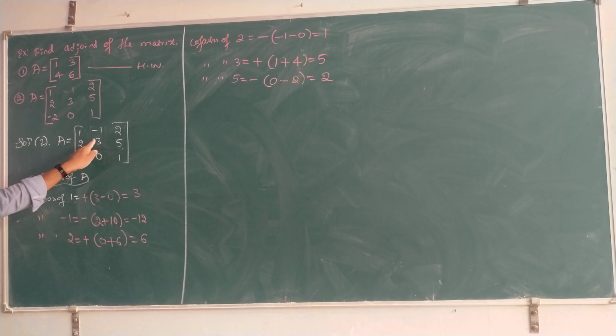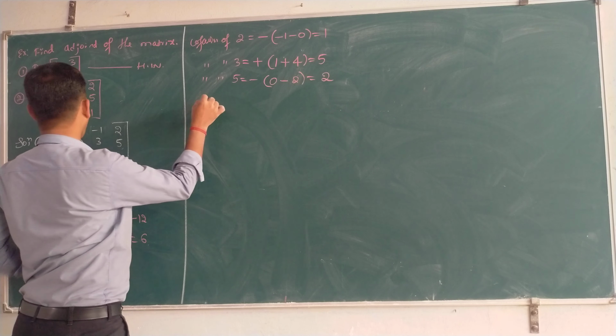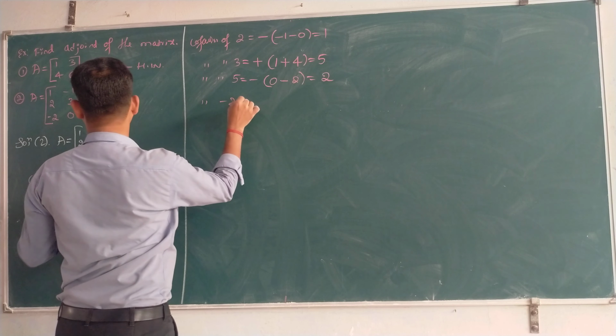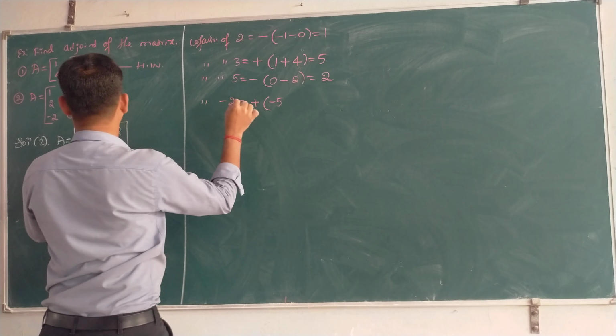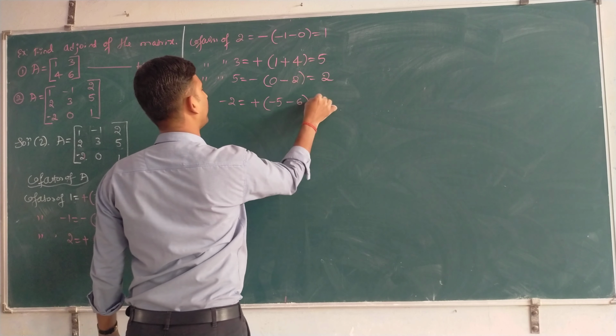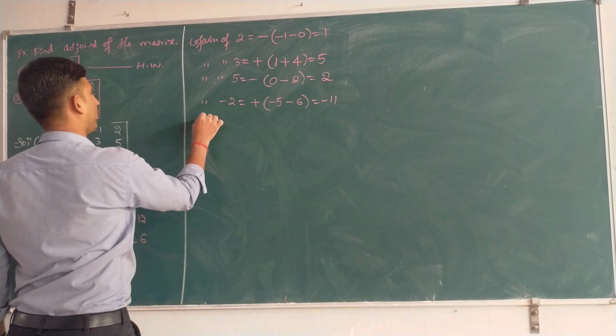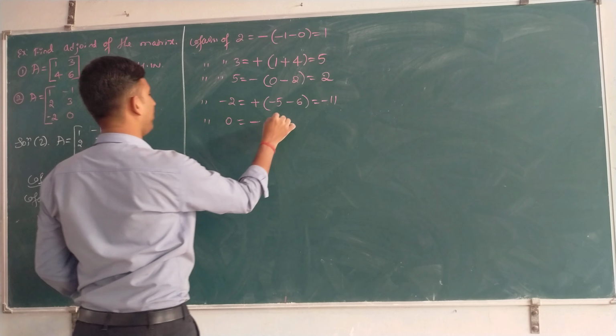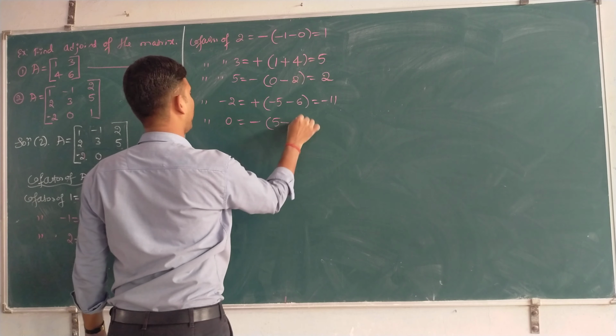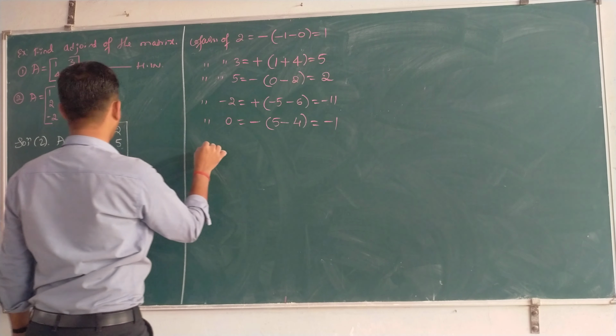Cofactor of minus 2, which is nothing but plus, minus 5 minus 6, which is equal to minus 11. Cofactor of 0, minus 5 minus 4, which is equal to minus 1.